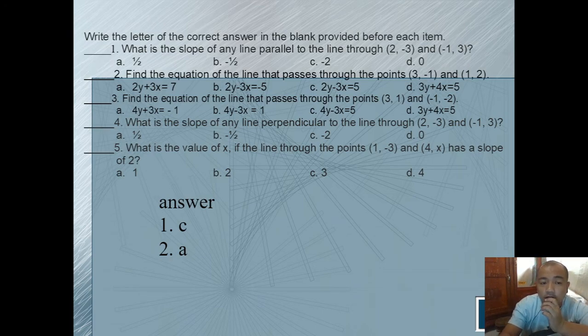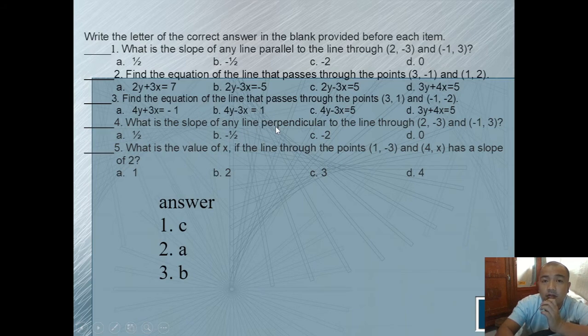Okay, what's the answer for number 3? The answer is letter B, 4y minus 3x equals 1. Or in ax plus by equals c form, 3x minus 4y equals -1.